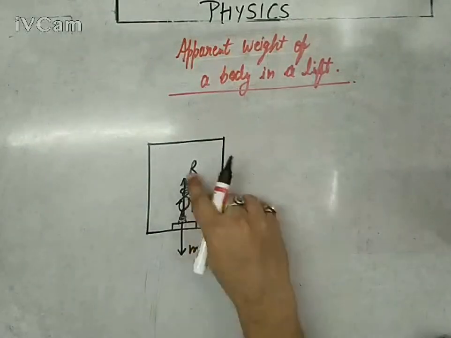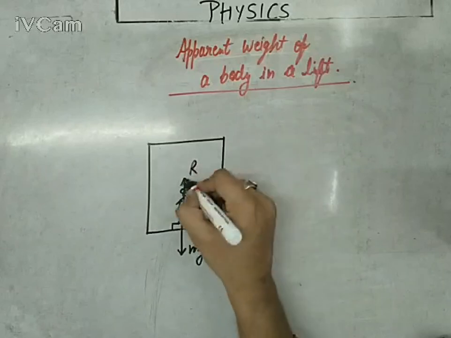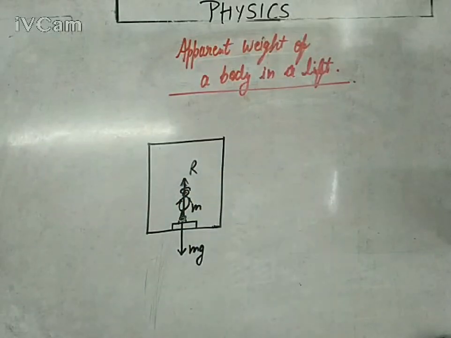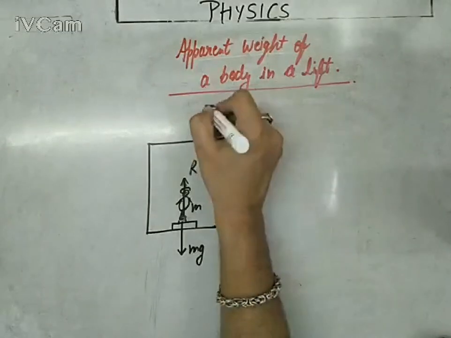If a person tries to weigh his body in space or outside the earth's gravitational field, the weighing machine won't give any kind of reaction. So the apparent weight of the person would be zero in that particular place. So the apparent weight of a body can be calculated with the help of reaction.